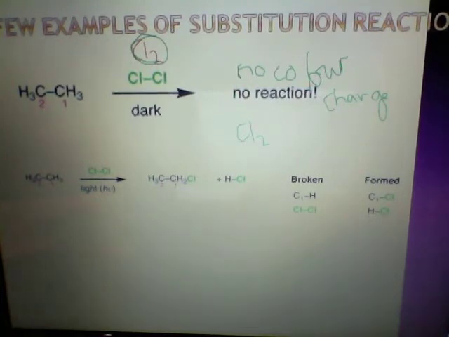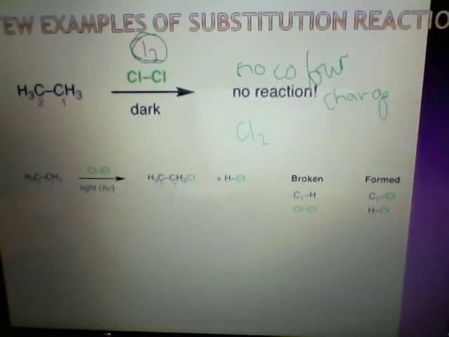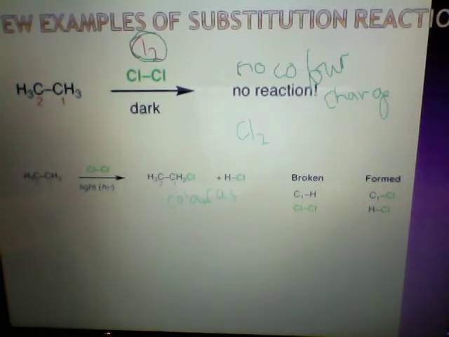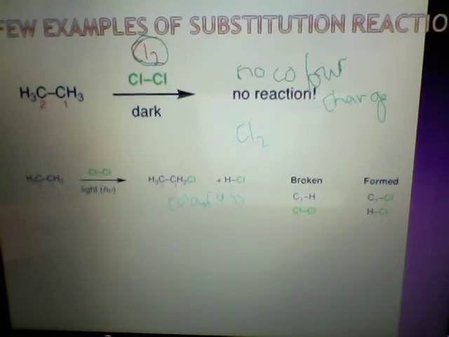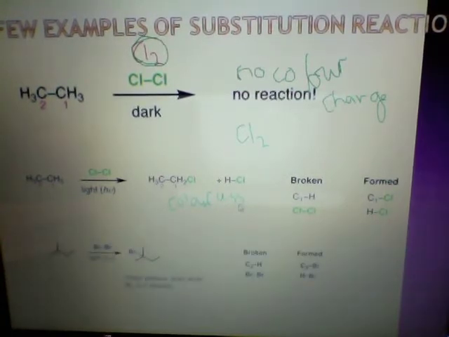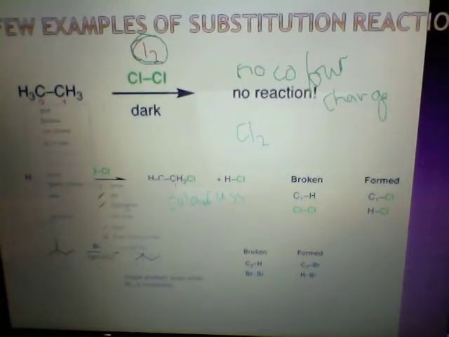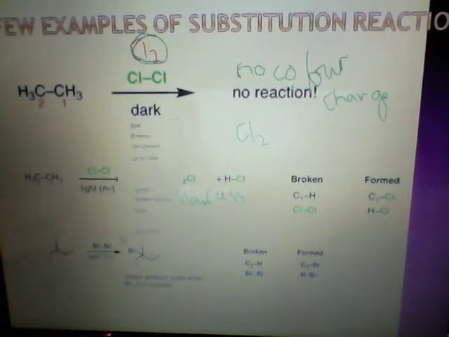But if we react it with light, it actually reacts and it goes colorless. Now, if we react bromine in light, bromine goes from red to colorless as well. So it shows that these two ones, this and this, have reacted.